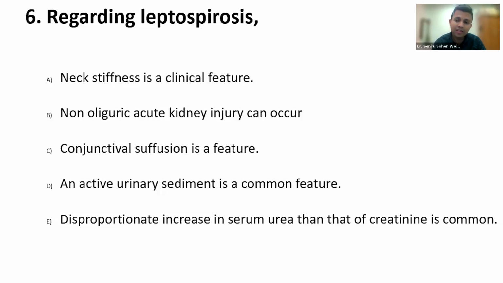A minority of patients with this anicteric disease may develop the immune phase of leptospirosis, where they can get a lot of immune manifestations and develop other complications such as aseptic meningitis and arthritis and so on.